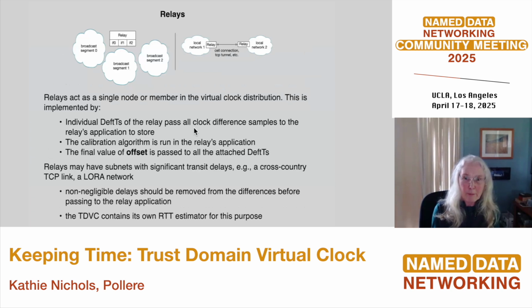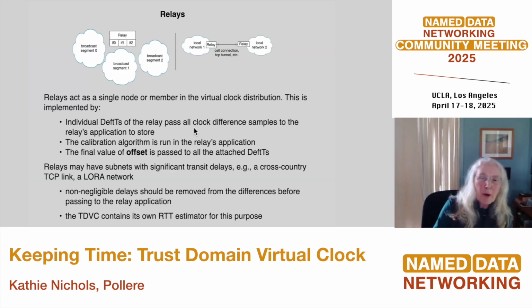All of the clock difference samples go into the central part of the relay rather than each individual transport doing the work. Then the calibration algorithm happens at the relay level, and that final value of their offset just goes out to all the attached transports that are in each separate subnet.